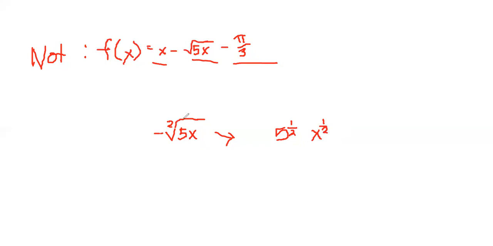Makikita natin, not polynomial function pa rin siya kasi nagkaroon tayo ng fraction sa exponent. If we remember the rules, bawal ang may fraction sa exponent, and also bawal ang variable sa loob ng radical sign. So, this one is not a polynomial function.